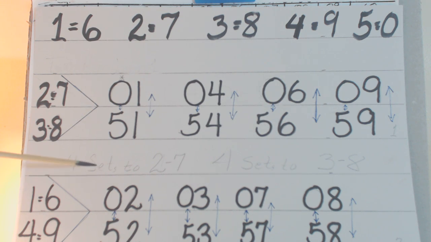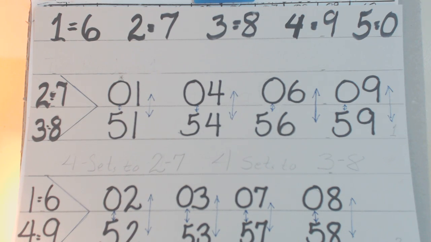Now, let me explain this. There is a set of 4 groups of the 2 and the 7 group. There is also a set of 4 groups belonging to the 3 and the 8. Also a set of 4 groups that belongs to the 1 and the 6 and the 4 and the 9. And I'm going to show you at the end of the video what it will come out to be.